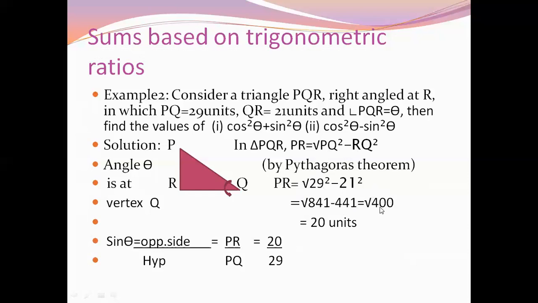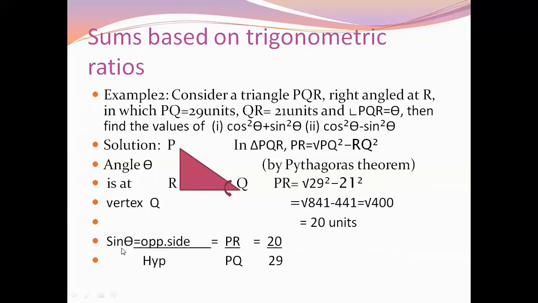Either you can do prime factorization or use any other numbers, but the numbers must repeat 2 times, so that out of the 2 you can take 1, and multiplying all such factors gives the square root of the number. So root 400 is what, children? 20. So we got the PR value as 20 units.